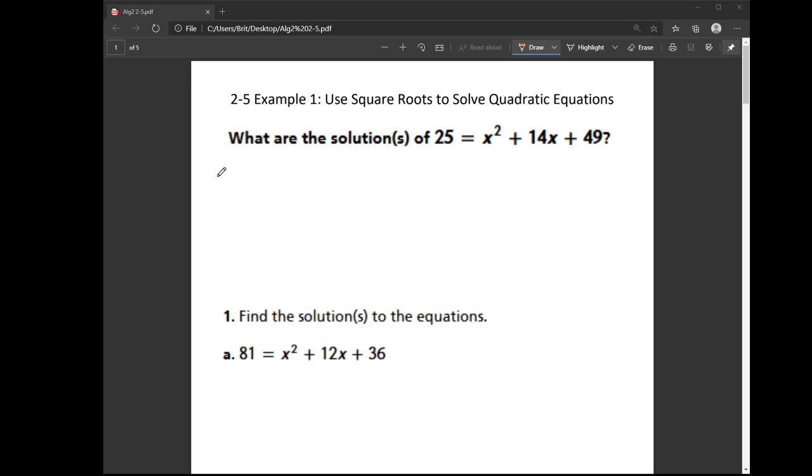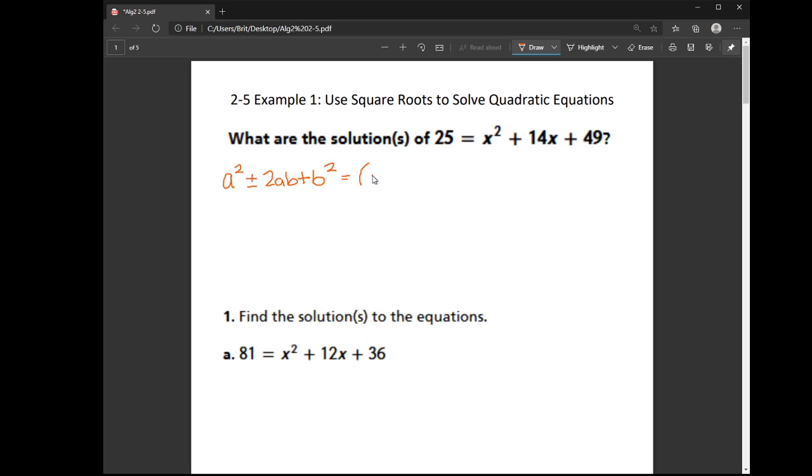So a perfect square trinomial is one which is written in this form. It says a squared plus or minus 2ab plus b squared. Now when I say plus or minus here, I'm talking about two separate equations. It can be a positive or it can be a negative.